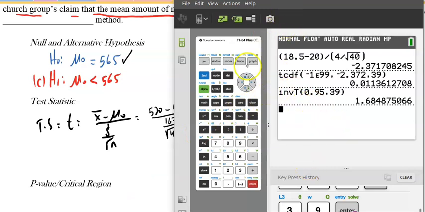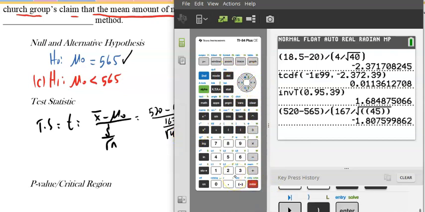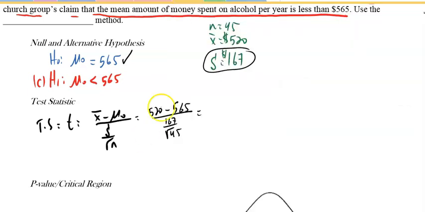I'm going to take parentheses 520 minus 565 close parentheses divided by 167 over the square root of 45. Negative 1.808.